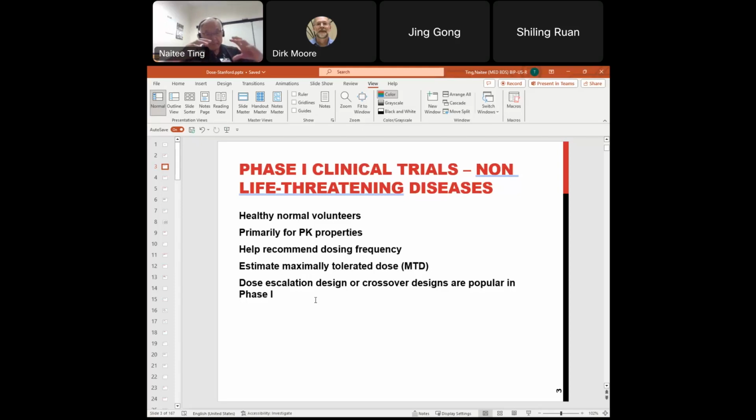You try to escalate up to this maximum tolerable dose. So phase one has to deliver this maximum tolerable dose and PK/PD. So why does phase one have to deliver this information? All right, in phase two, we're recruiting patients, right? These patients come in to the clinic, and we call them outpatients. They're not being hospitalized.